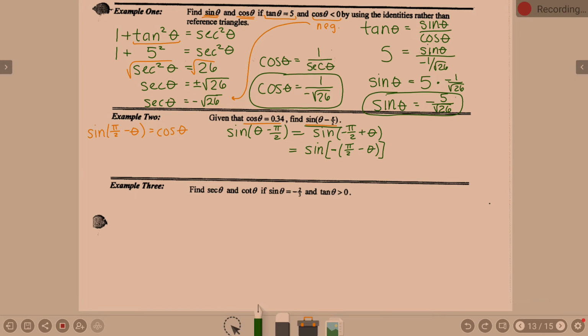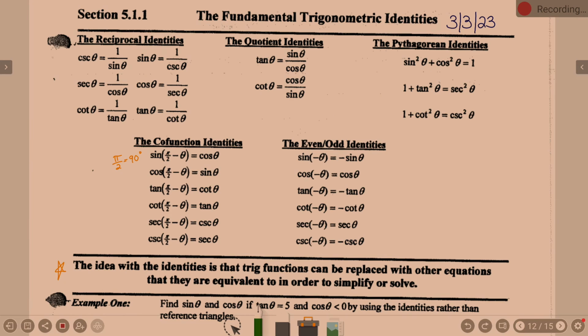If you go back up top, right here, sine of a negative variable is equal to what? It is equal to negative sine. So we can just essentially put that negative out front. Had this been cosine though, it'd be positive cosine. Okay, so that's why I'm drawing your attention to right here.